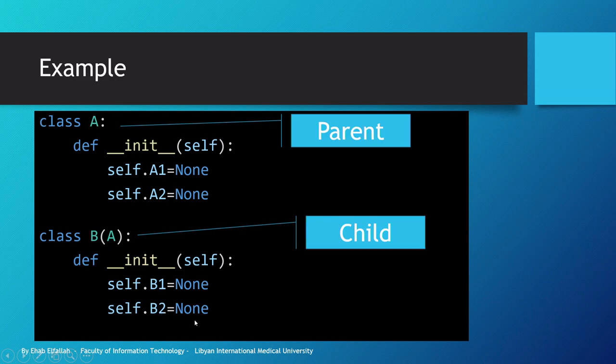If we create an object from the class A, we will only see the attributes A1 and A2.